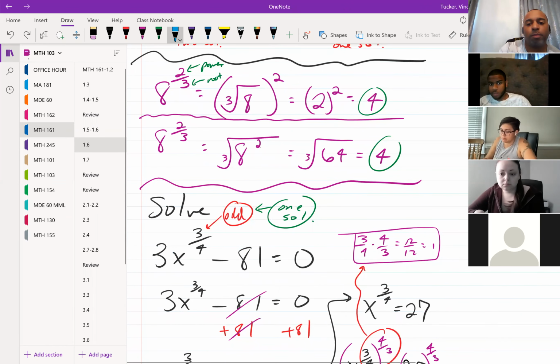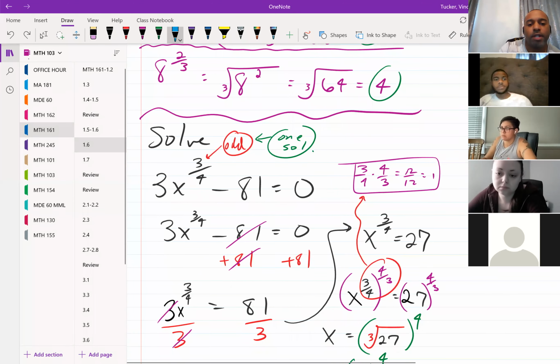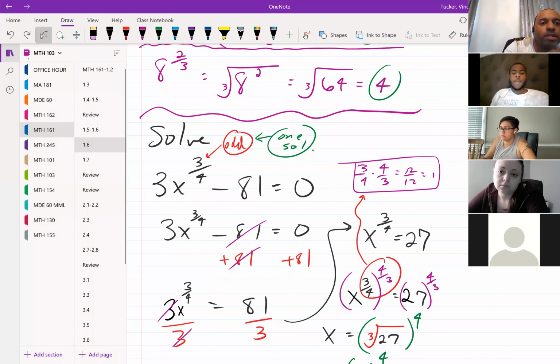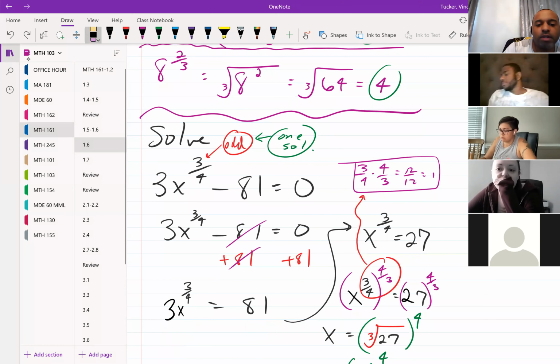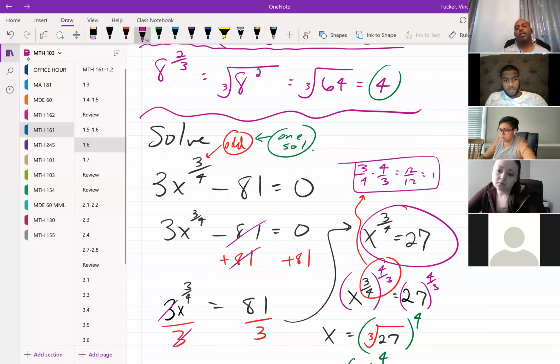And we still hold on to purple. Good. Then we divide both sides by 3, because we would have 3x to the 3/4 equal to 81. So we divide both sides by 3. And now we are here: x to the 3/4 equal to 27.